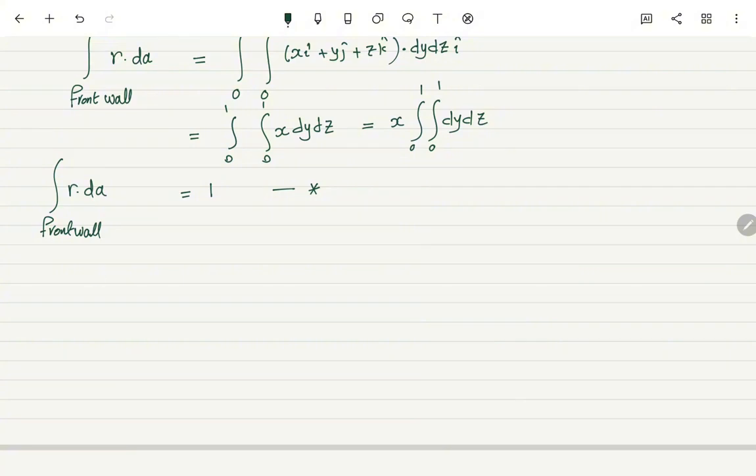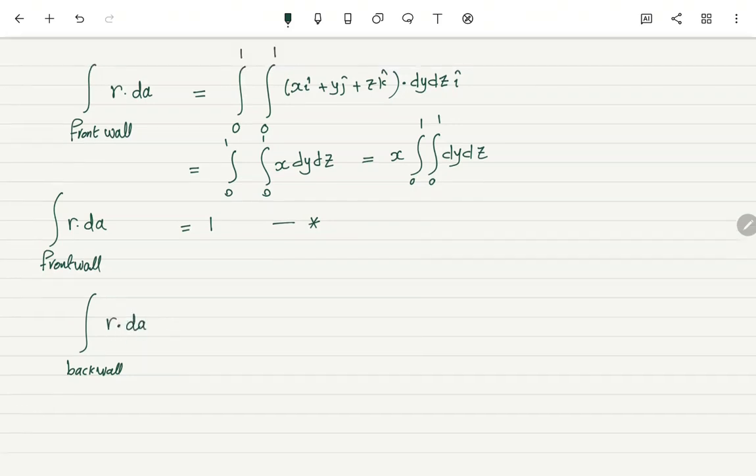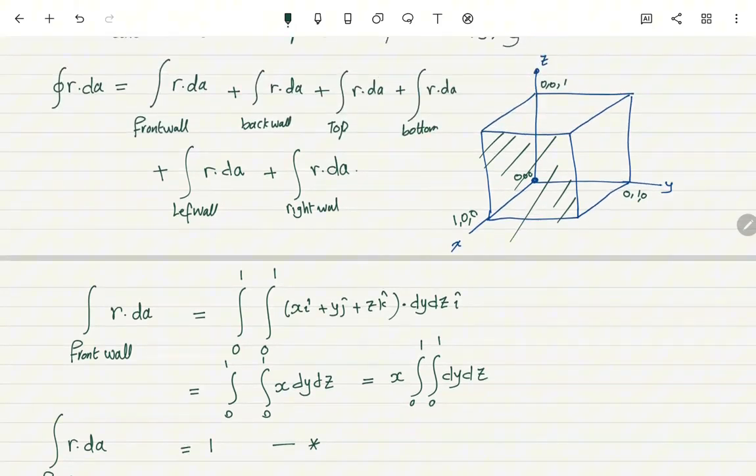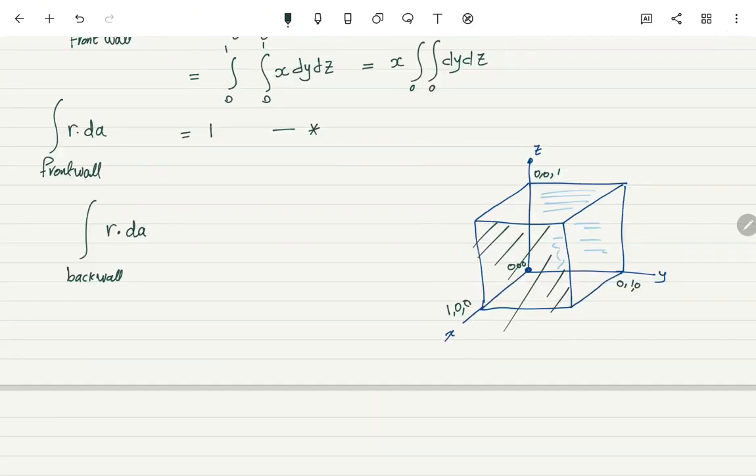Now let's find integration for the back wall r dot d area. Now let's follow the same procedure for this one here. This is the back wall, this light blue one, this is the back wall.